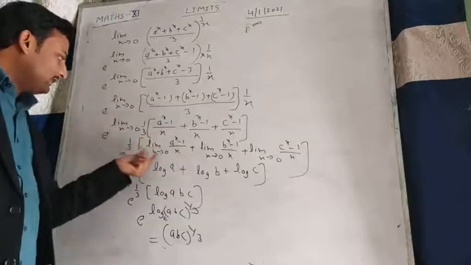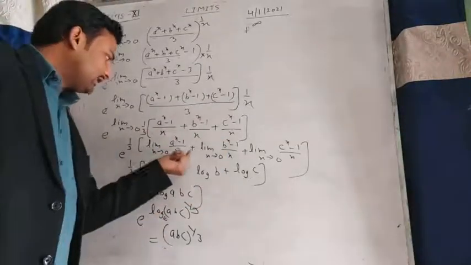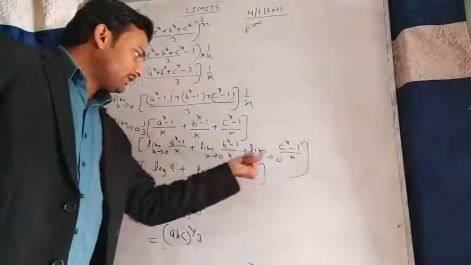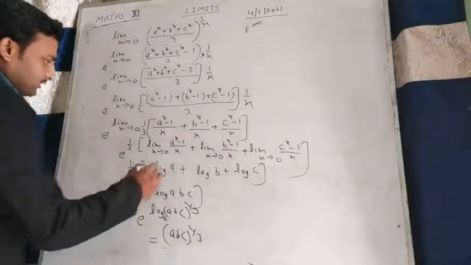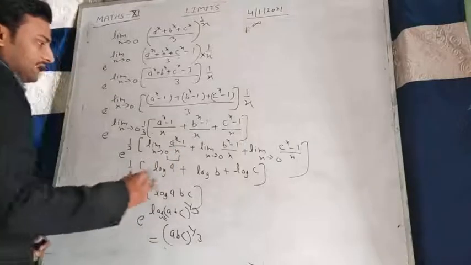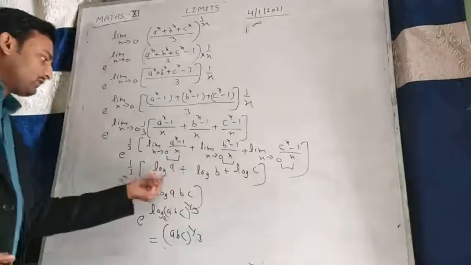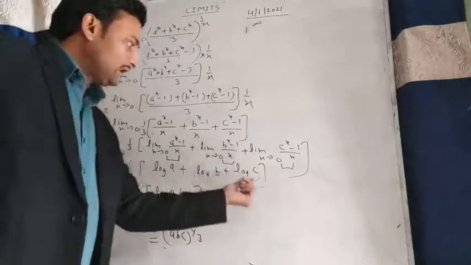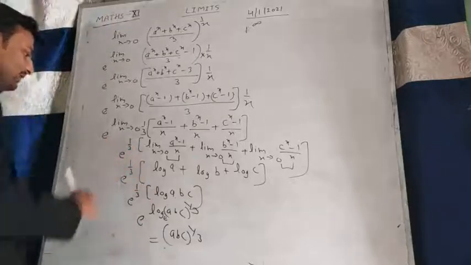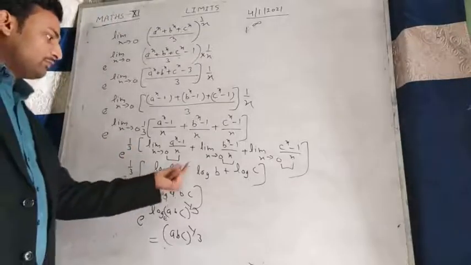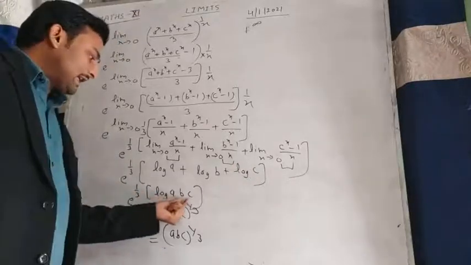We are taking the limit with each term separately. This term is with limit, and this term is with limit. And you know students, this is a standard result, so its value will be log a, log b and log c. This can be written as log m plus log n plus log p, so we can write log mnp.